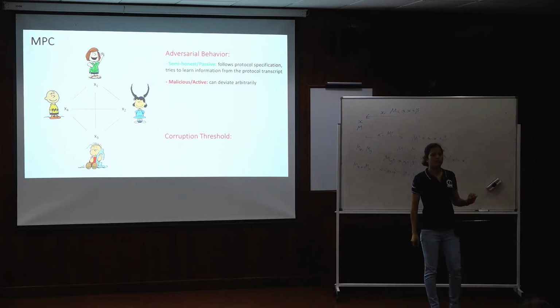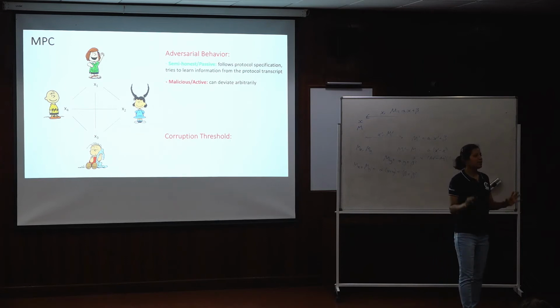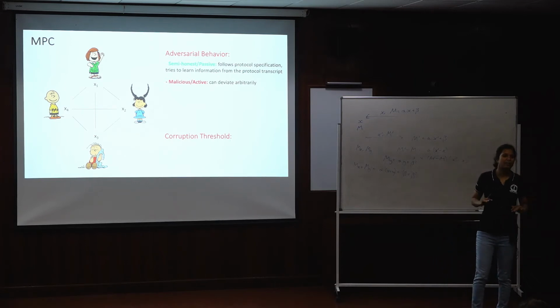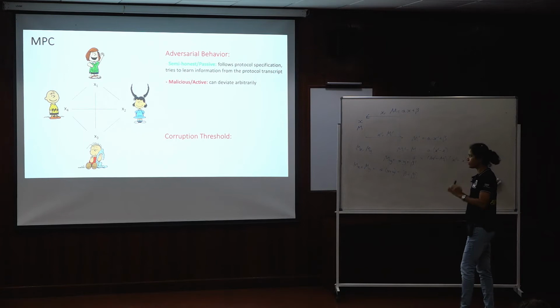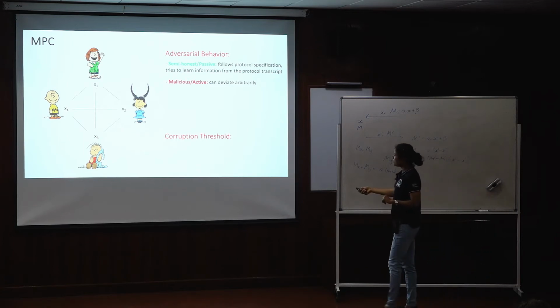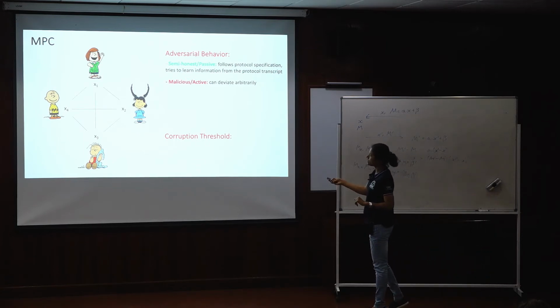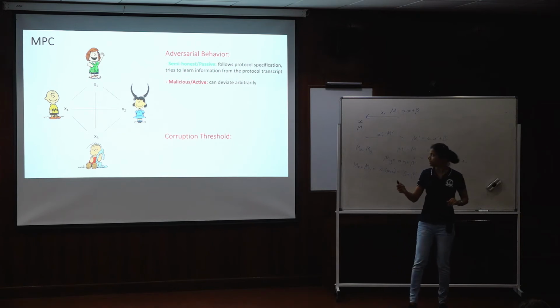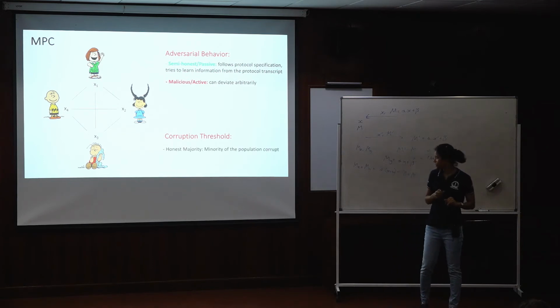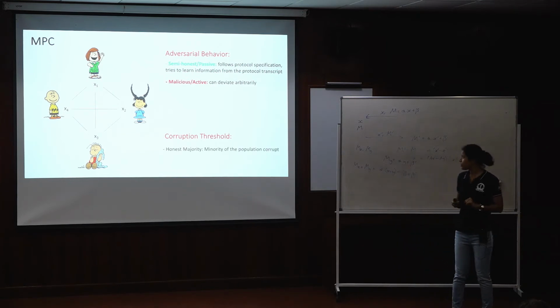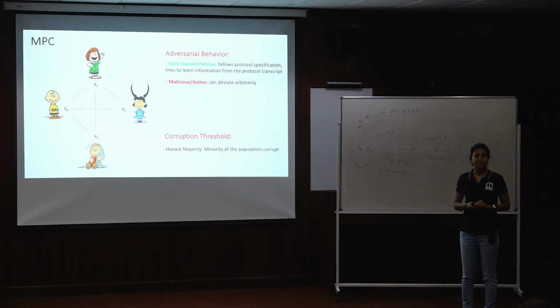So you can always keep in your mind that we are tolerating the strongest kind of adversary, malicious or active. Now, as far as corruption threshold is concerned, we again have two kinds of thresholds. First is honest majority.